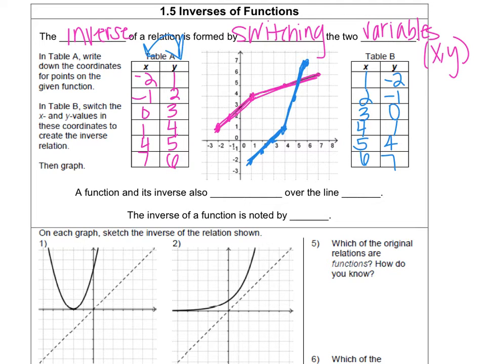So, a function and its inverse also reflect over the line y equals x. Let me show you what I mean. So here's my line y equals x. It's just where every coordinate equals, so like 1, 1, 2, 2, 3, 3, the x and the y equal the same thing. So here's the line of symmetry that this function and its inverse reflect over. Anytime you graph a function and then you find its inverse, they both should always reflect over this line y equals x.